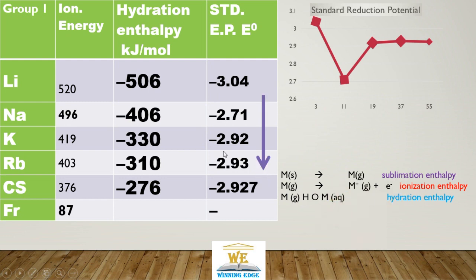This step is called hydration enthalpy. So the total standard electrode potential is a combination of these three. If the total sum makes the reaction spontaneous, the standard electrode potential will be higher.